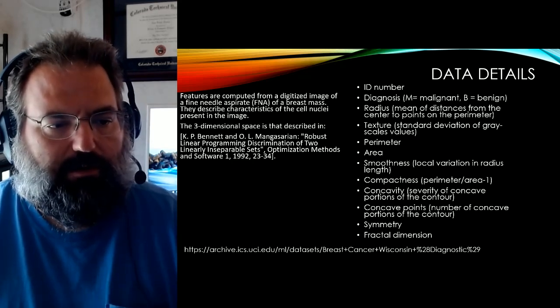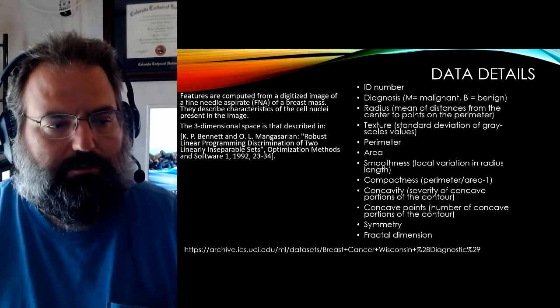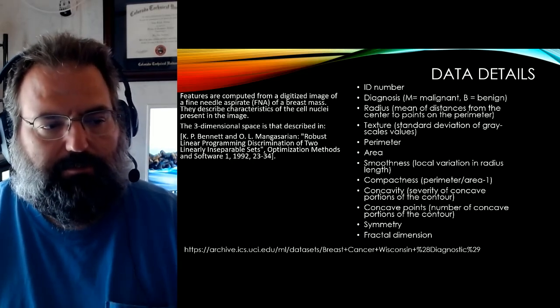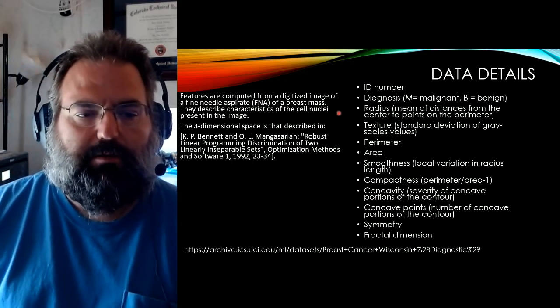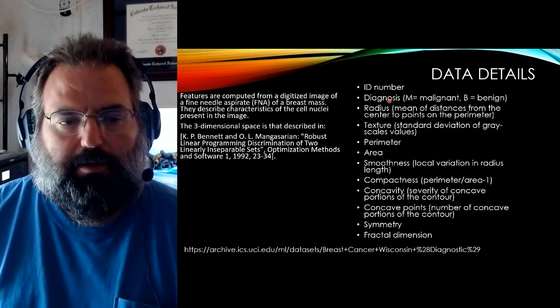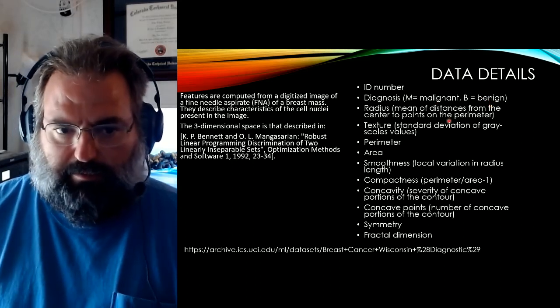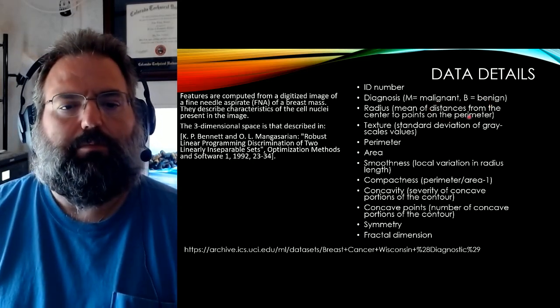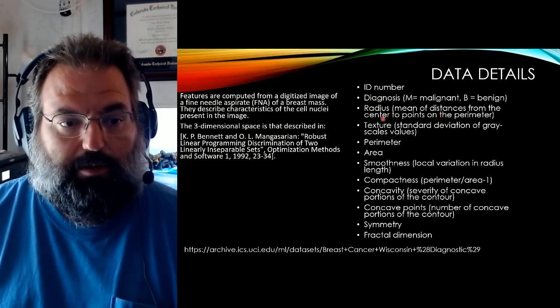They provided the characteristics of the data, and the three-dimensional space is described in another publication if you're so inclined to look. But the basic idea is that you have a diagnosis: M is malignant, B is benign, so it kind of depends on which you think it should be. Probably I would treat malignant as being 1.